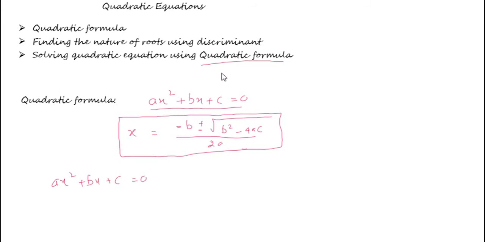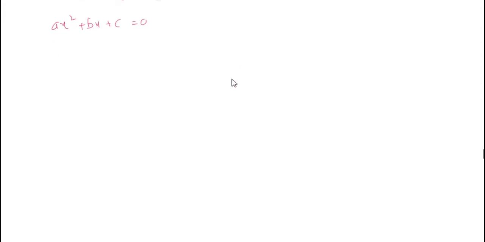Now let us try to find the roots of this quadratic equation using the method of completing the square. So what should we do? First, we must ensure that the coefficient of x square is 1. So let us divide every term by a. Now it becomes x square, the a cancels, plus b by a x plus c by a equal to 0.